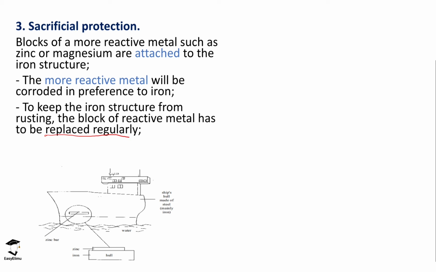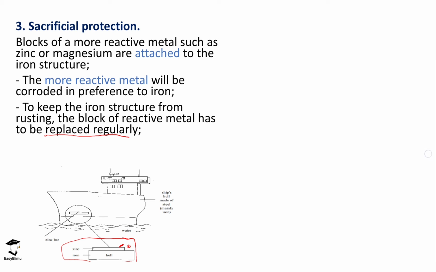A common example is the hull of ships. They're usually attached to a more reactive metal down below here, and zinc is more reactive than iron. So when rusting occurs, zinc will react on behalf of the iron. It's the one that is going to react with air and moisture, so zinc needs to keep on being replaced now and then.